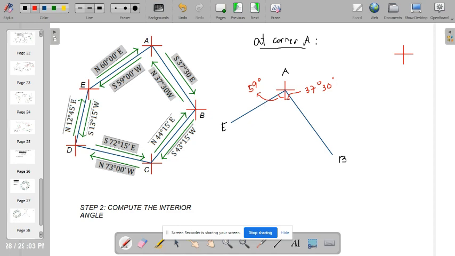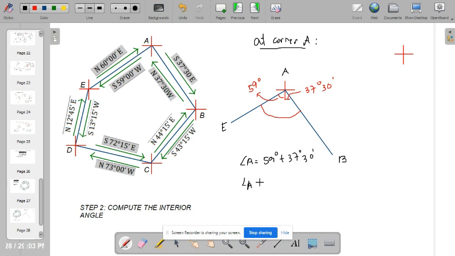We need the angle A here. So angle A is computed with 59 degrees and 37 degrees 30 minutes added together.